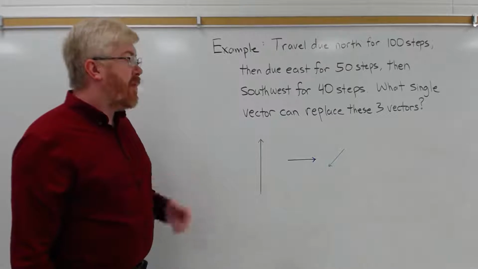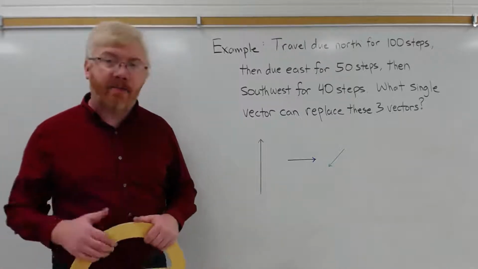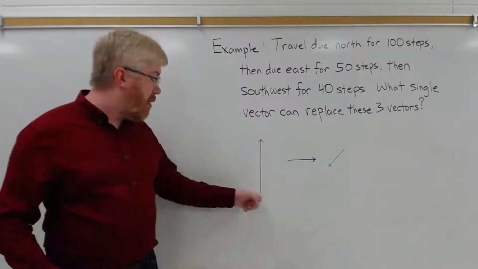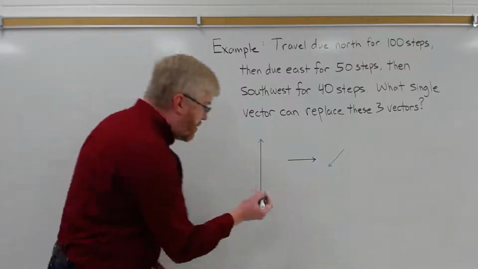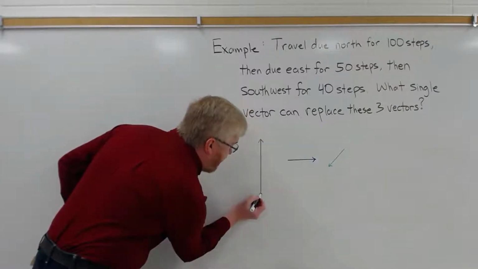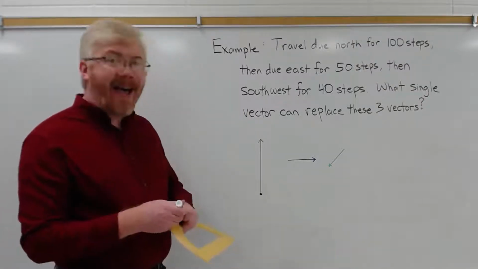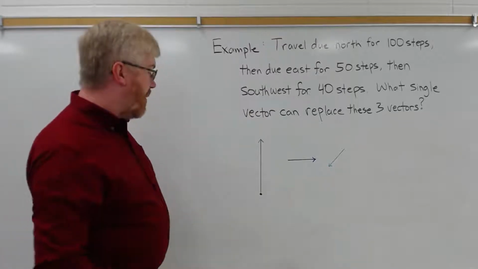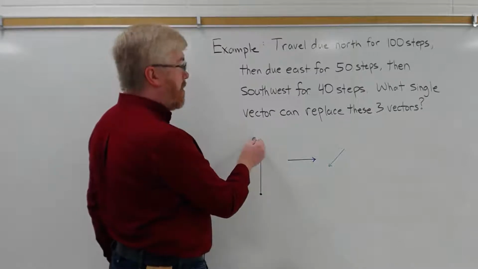So what single vector can replace these 3? I'm going to use the graphical addition method called the head-to-tail method. In this method, we simply start off at some point and then add the vectors head to tail. So here's our starting point, here's that old log I was talking about. Now we can add them in any order. I'm just going to add them in the order shown in the problem. So starting here, we go 100 steps to the north.